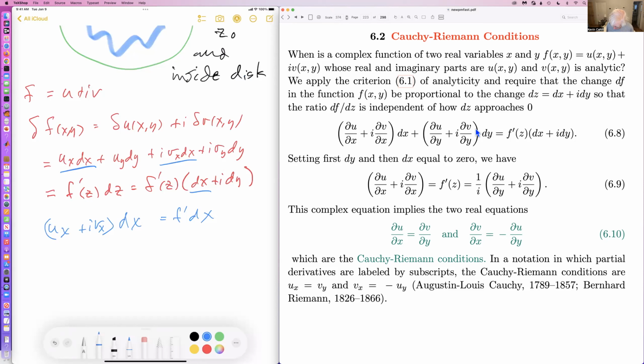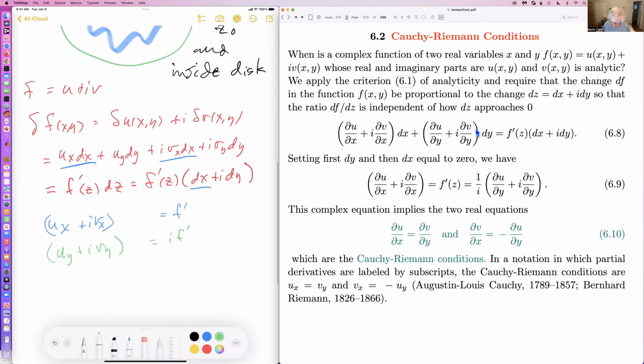Which, of course, is just another way of saying that u sub x plus i v sub x is f prime, and the dy's, well, these are saying that u sub y plus i v sub y should be equal to the coefficient of dy, which is i f prime.